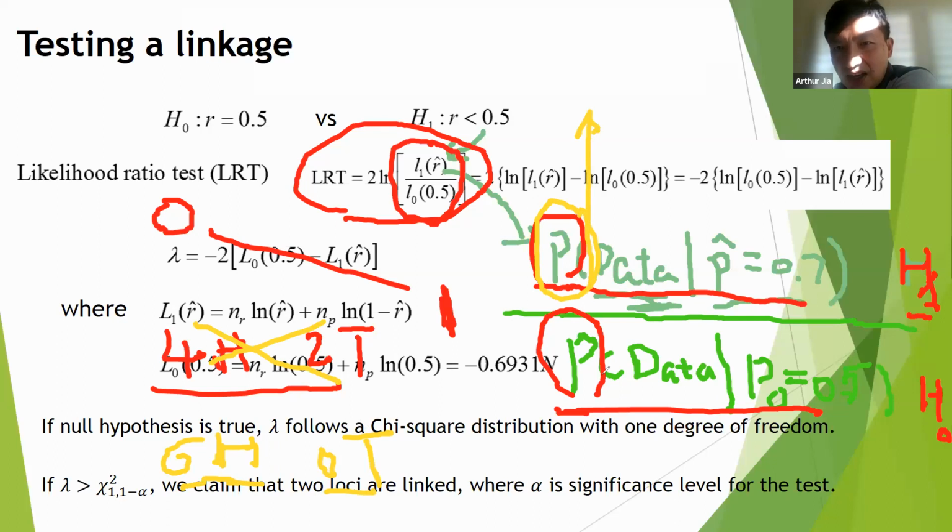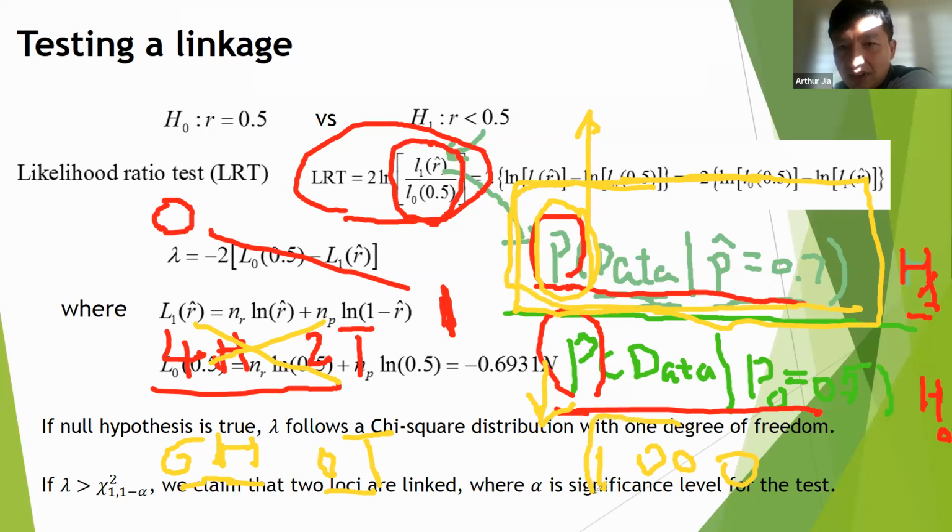It will be very high, and this one will be very low. So once you calculate this ratio, this will give you something like 1,000, which means the likelihood of seeing the data like this, given the alternative hypothesis, is like 1,000 times more than the likelihood given the null hypothesis. Does that make sense to you? Any questions so far?